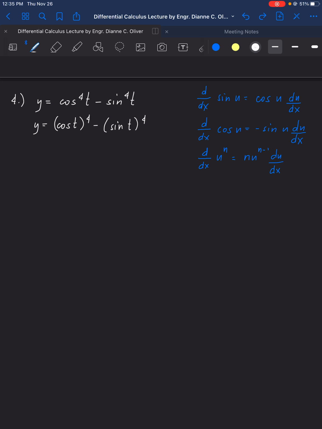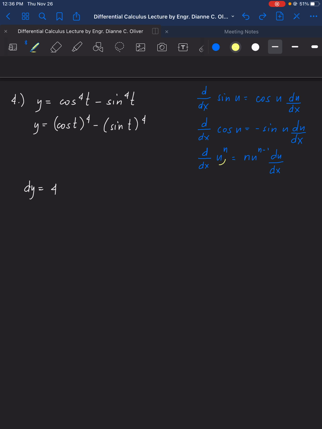Okay, so the first one, we have dy is equal to, now the first one we will apply from these 3 is the power formula. So bring down 4. Treat this portion as the u, and then this is the n.